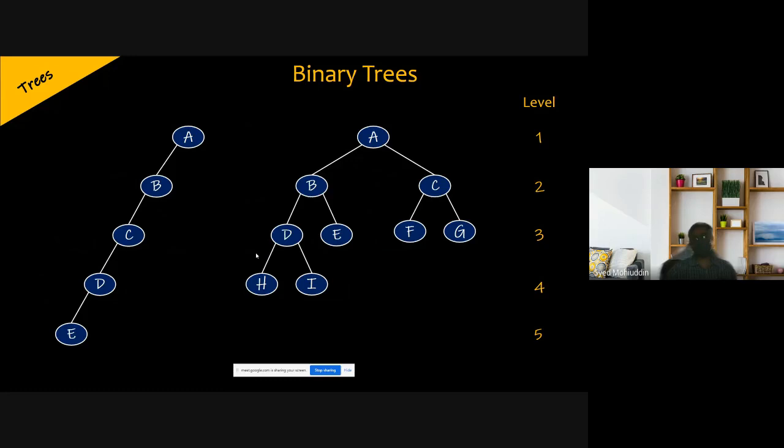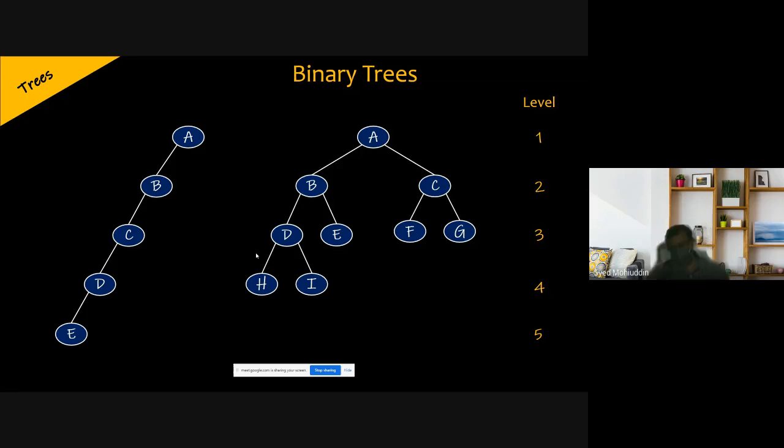At most two children. That means a node of a binary tree can have no child, or it can have one child, or it can have two children. Not more than two children. At the most two.